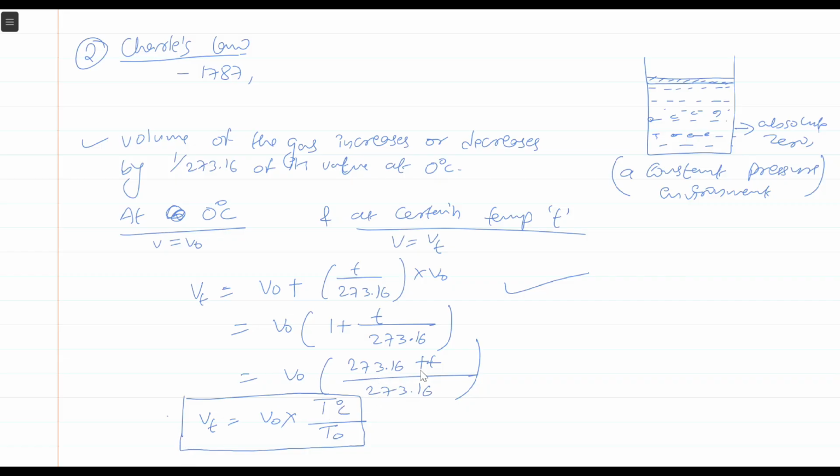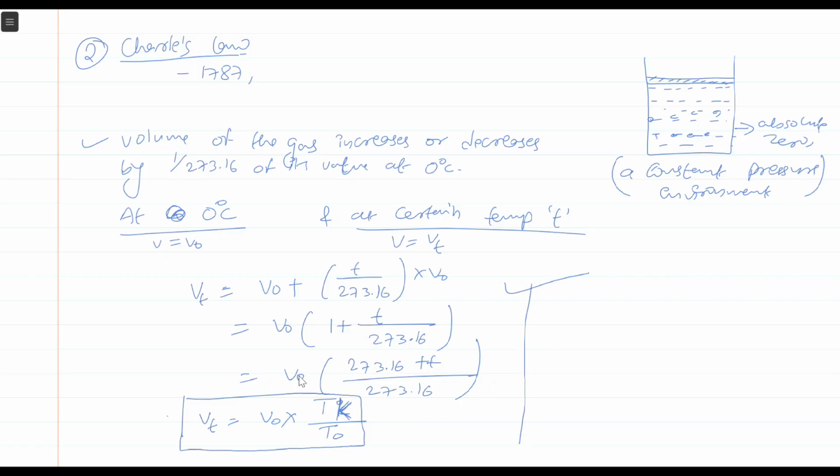Sorry for that. If we add some degree Celsius temperature to 273.16, this will give the value in the Kelvin scale. Now this is the final expression for Charles law.